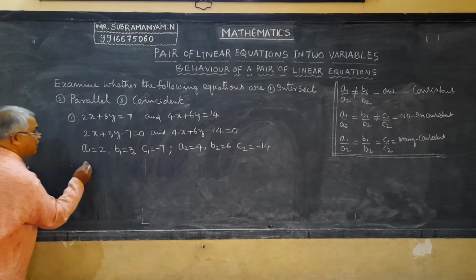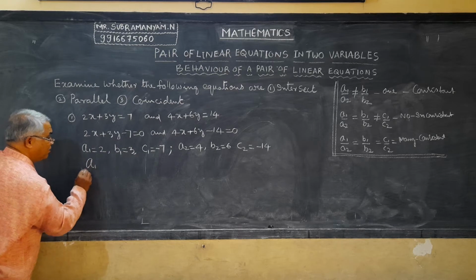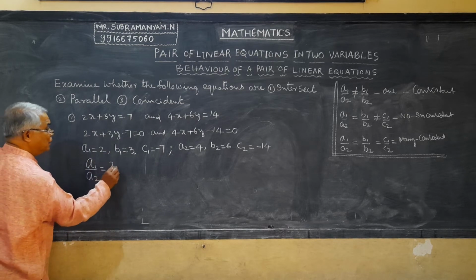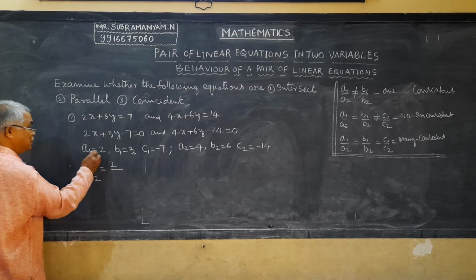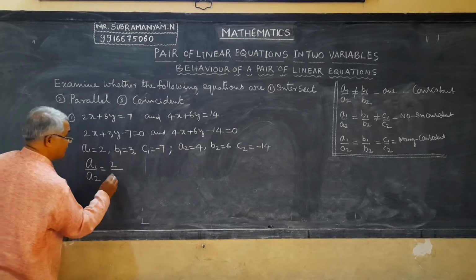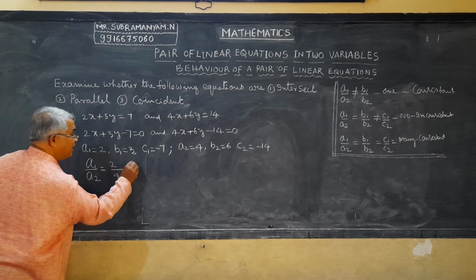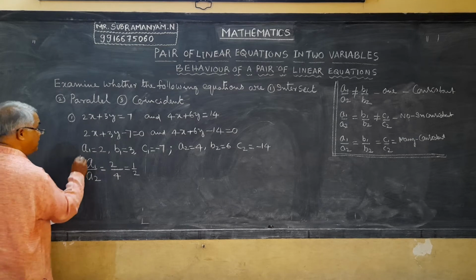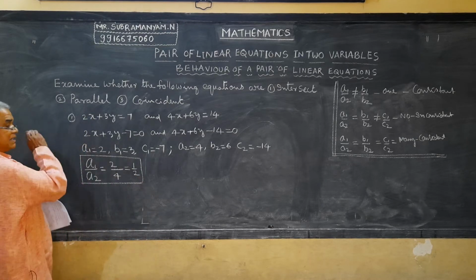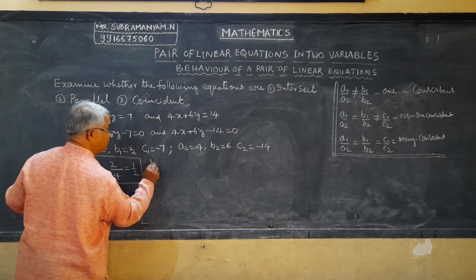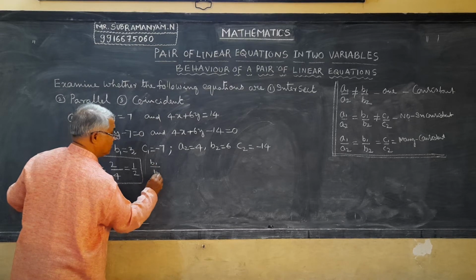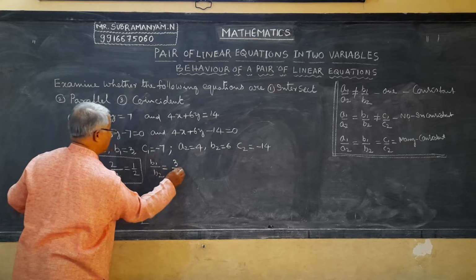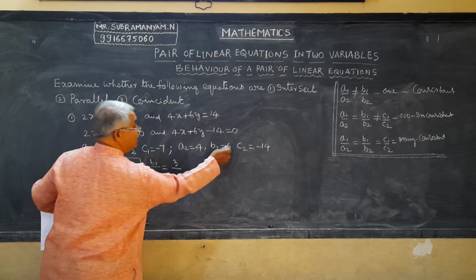Now, let us find a1 by a2. a1 is 2, a2 value is 4. Simplify it, we will get 1 by 2. This a1 by a2 is 1 by 2. Next, b1 by b2. b1 value is 3, b2 value is 6.